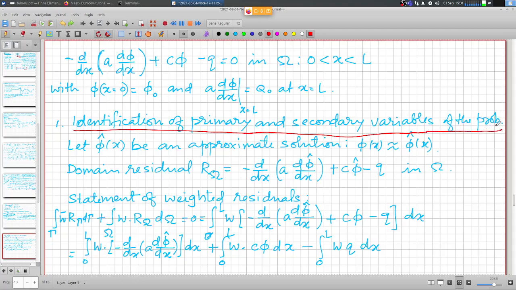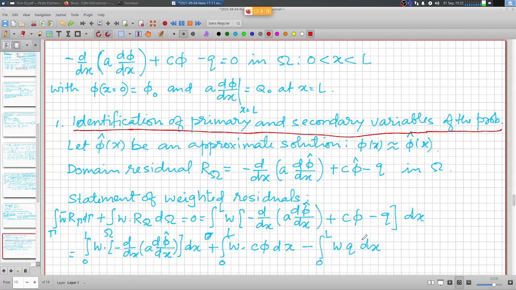This is our sole objective, right? And it is with respect to that I am trying to arrive at the answer to this problem. So I am not writing this equation at the moment for solution of the problem. I am only trying to identify what is the primary variable and what is the secondary variable.